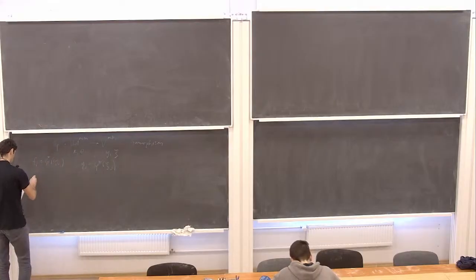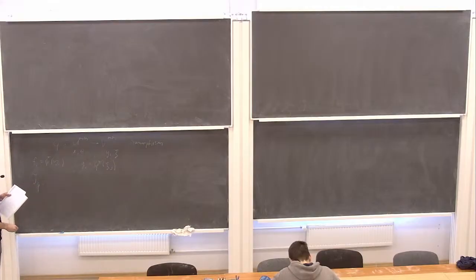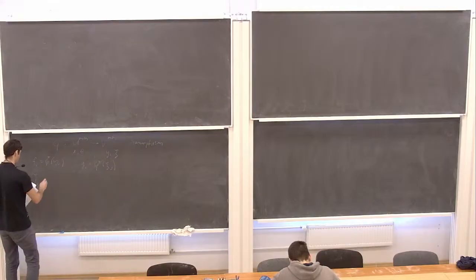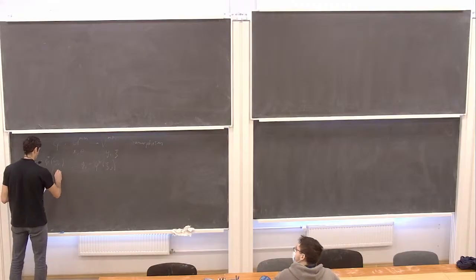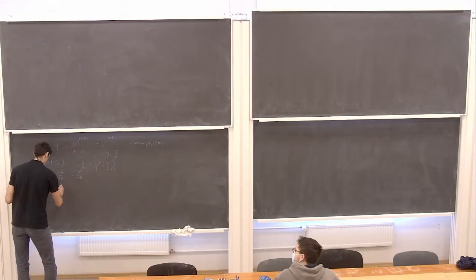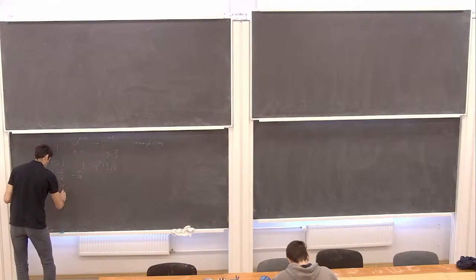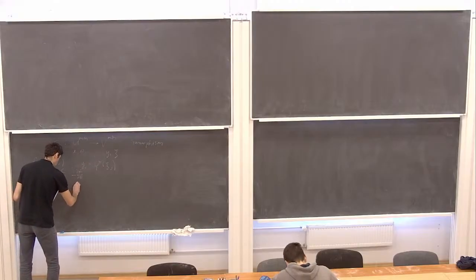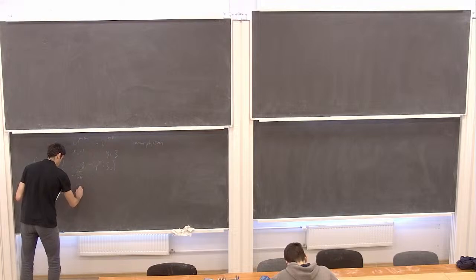And we have the Jacobi matrix, which is written in this block form: df over dx, df over d theta, dg over dx, and dg over d theta.